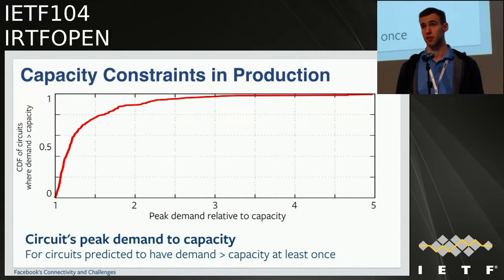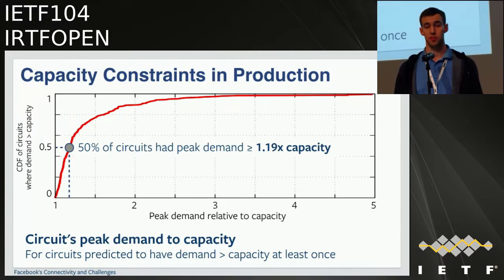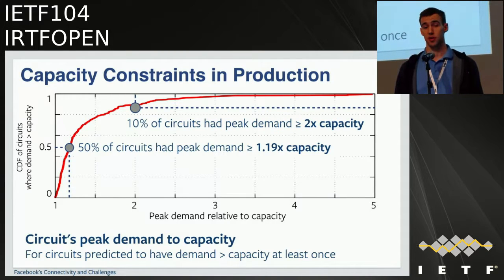So a peak demand here of 2 indicates they had twice as much demand as the circuit's actual capacity. So 2 key points I want to pull from this. First, 50% of circuits had peak demand that was greater than 1.19x their capacity. And then 10% of circuits had peak demand that was greater than twice their capacity, indicating that some circuits, 10% in this case, are drastically under-provisioned relative to their peak demand.